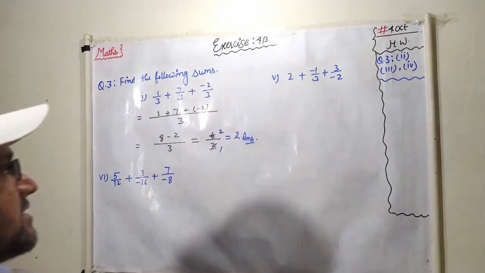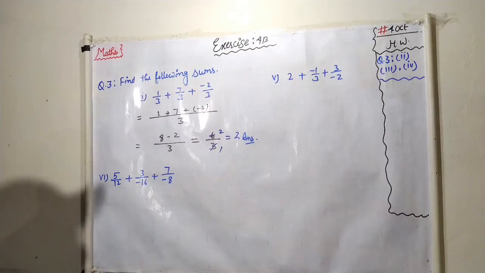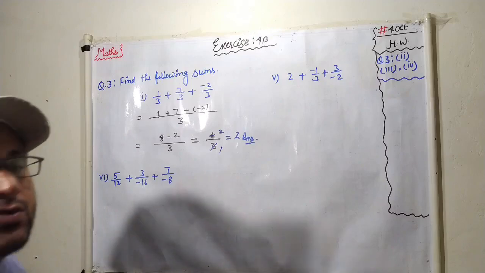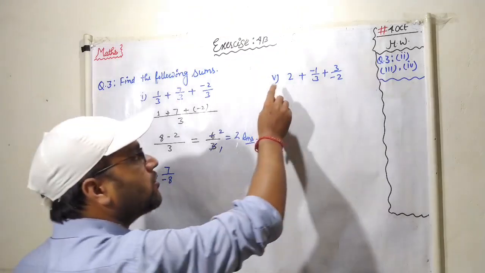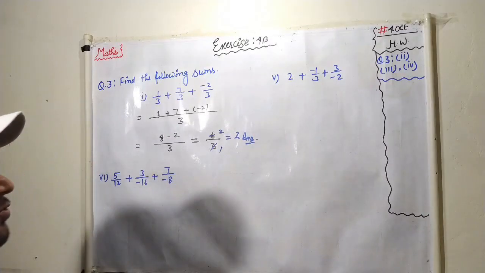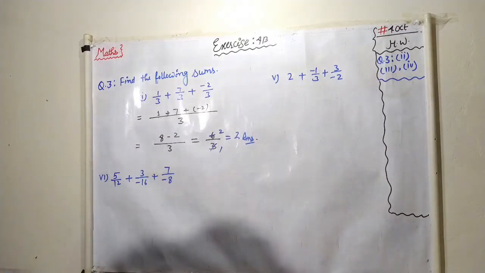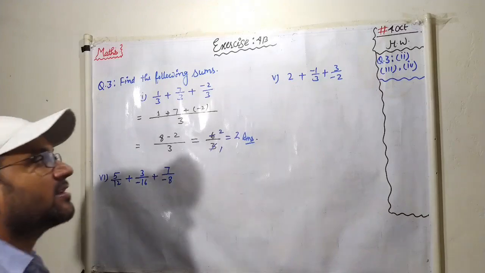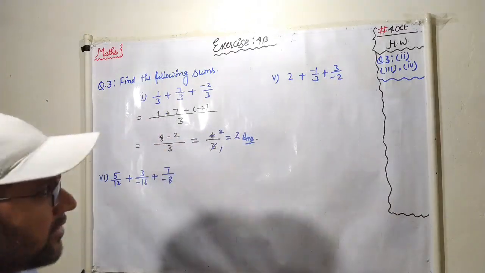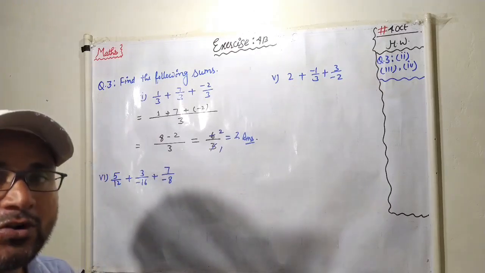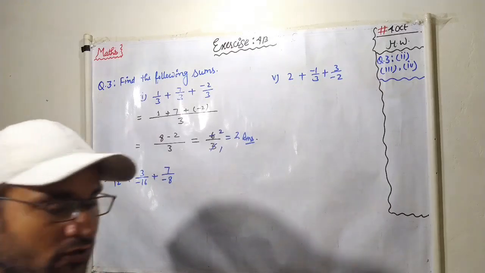Fifth one, you can see this fifth one. When the denominators are equal, it is very easy to add the numerators and write the denominator 1 time. Now question number 5: 2 plus minus 1 upon 3 plus 3 upon minus 2. See this one, students. When your denominator is negative, your first aim is to change it into a positive.